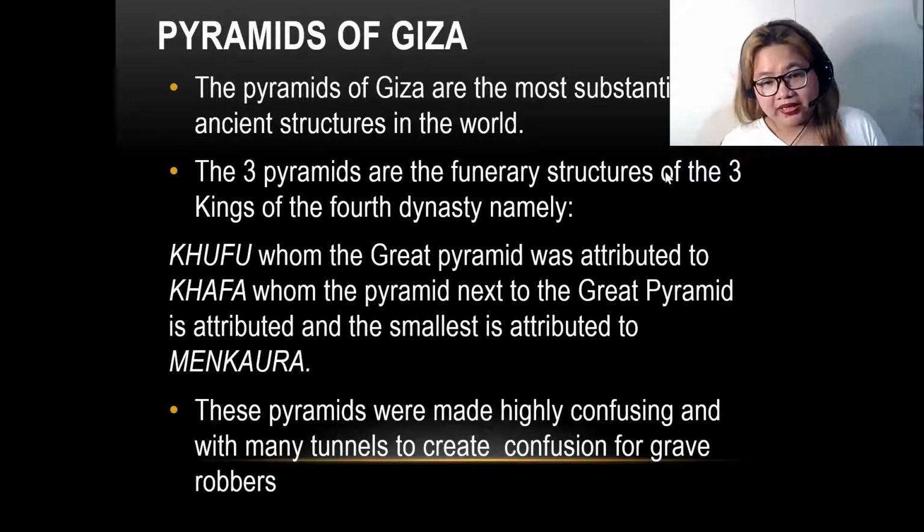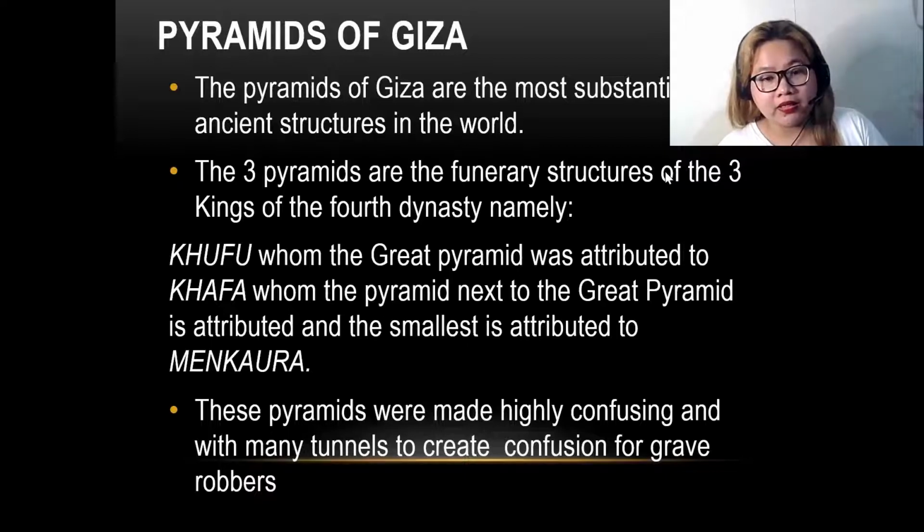These pyramids were made highly confusing and with many tunnels to create confusion for grave robbers. So bakit kaya nahahatak ng mga pyramids yung grave robbers? Before, na-discuss ko na Egyptians, they believe in life after death. So naniniwala sila na kailangan nilang pabaunang ng madaming kayamanan yung mga taong namatay para hindi sila mahirapan pagdating doon sa kanilang afterlife.